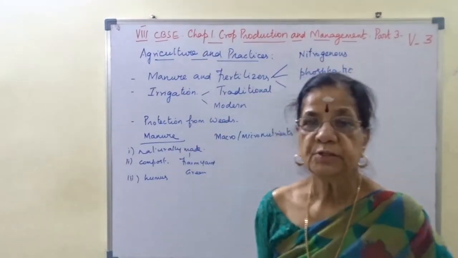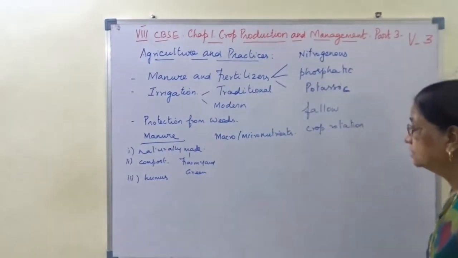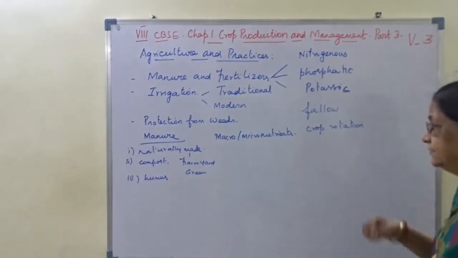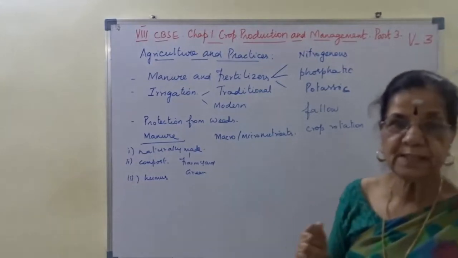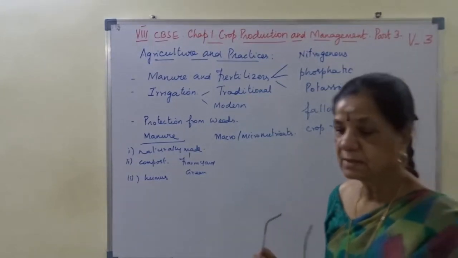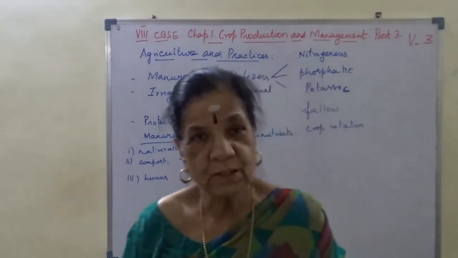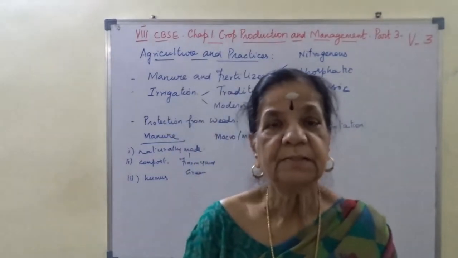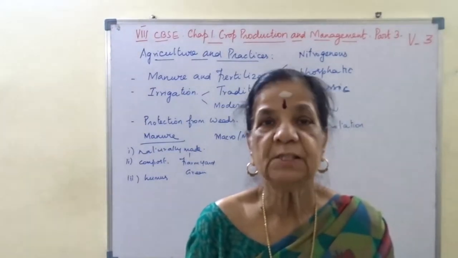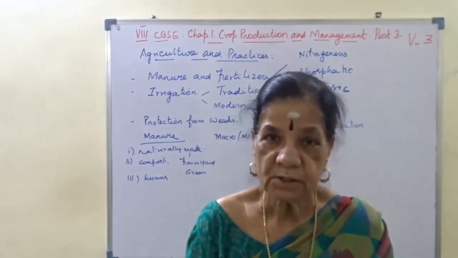So what you are doing is for manure and fertilizer. The next activity in agricultural practices is protection from weeds. What do you know? Weeds are the undesired plants which are present in between the crop. They are called weeds.